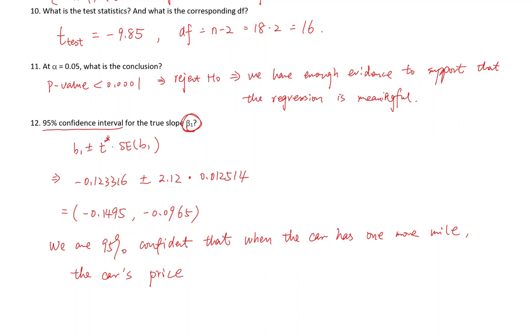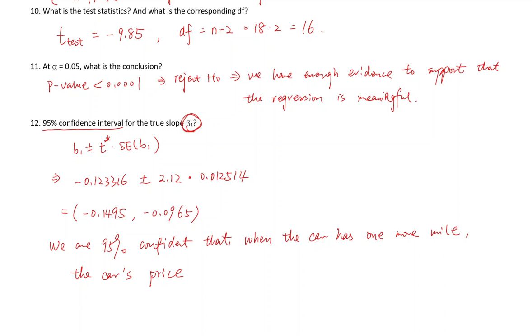Now you need to be careful again. We do not interpret a negative confidence interval. So what if we have a negative confidence interval? It means when x increased by 1, y decreased by the positive value of it.